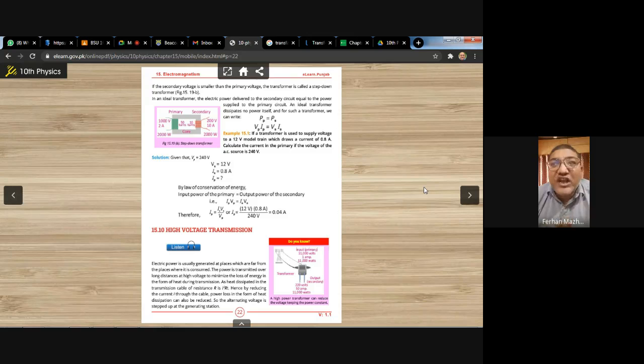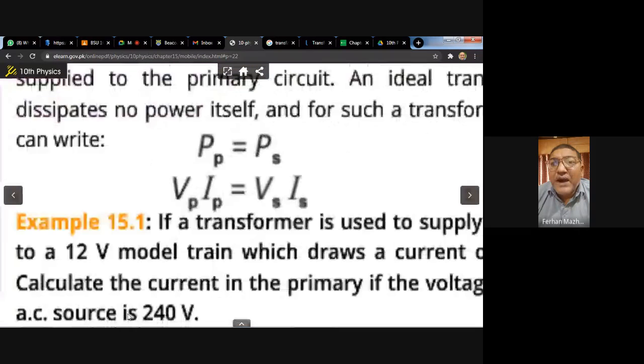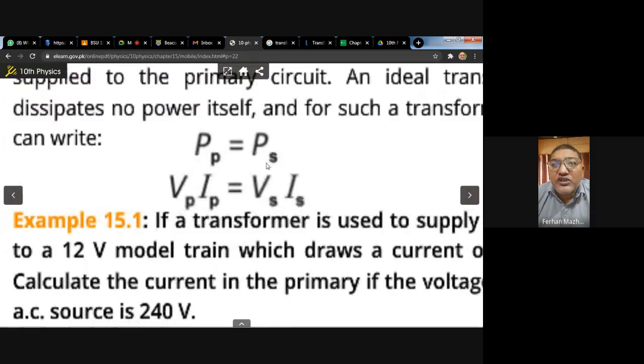And for such a transformer, we can write the power in the primary is equal to the power in the secondary. You know the electric power, we have already used this formula. The electric power is equal to VI.